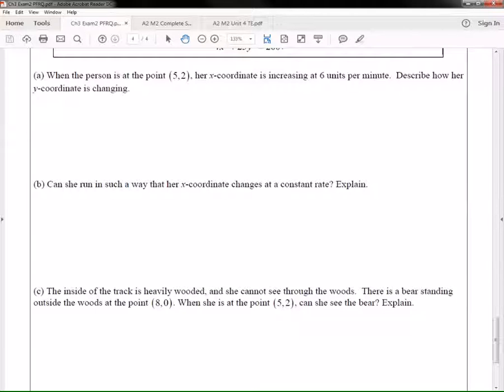We know that x equals 5, and we know that y equals 2. Right? We know that the change in x with respect to time, because it told us in time, is 6 units per minute. Right? So what's the question? The question says, what is dy over dt?